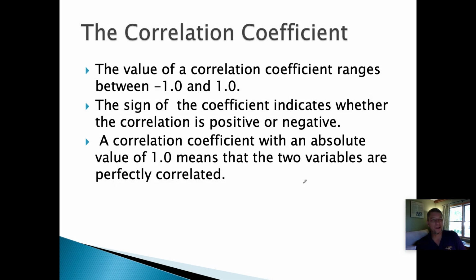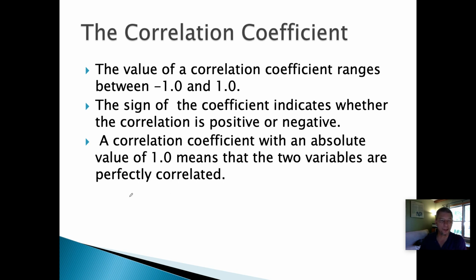So what exactly is the correlation coefficient? Well, based on the formula on the previous slide, we know that the correlation coefficient ranges between -1 and +1. The sign indicates whether the correlation is positive or negative.